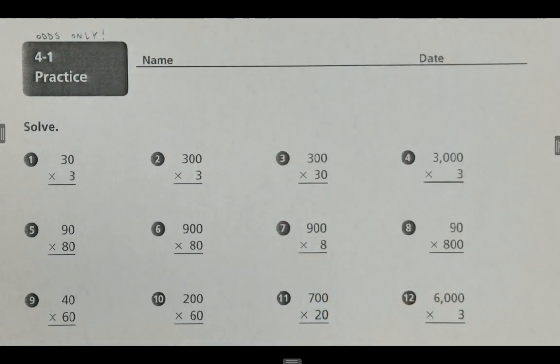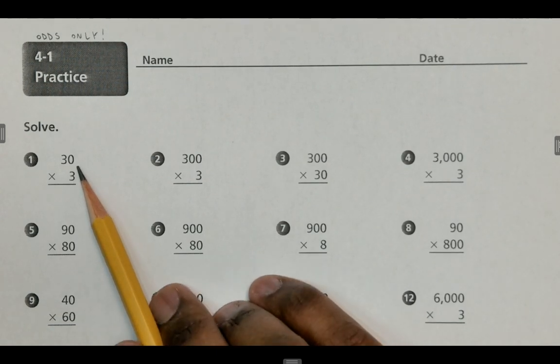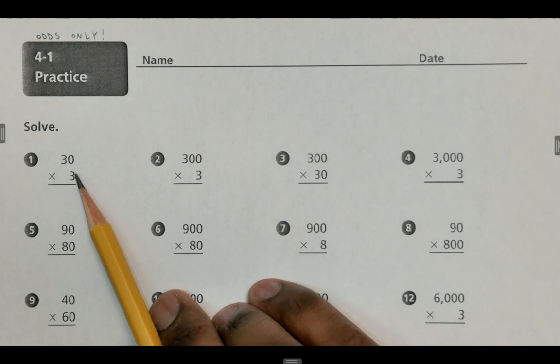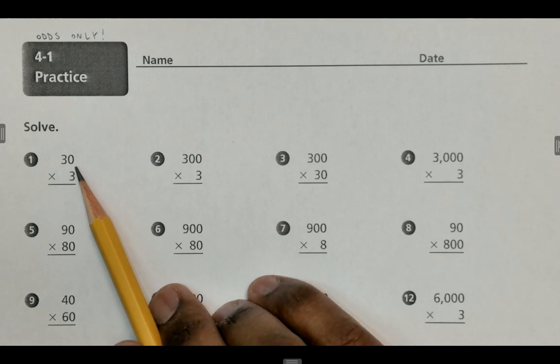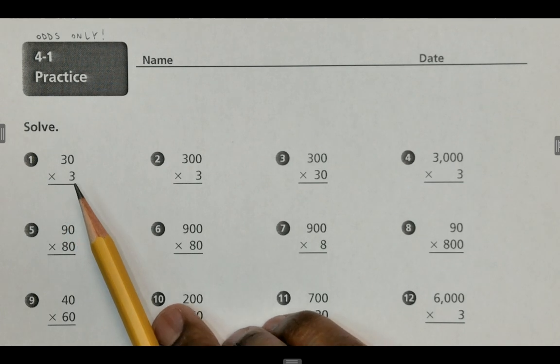Let's get started. 30 multiplied by 3. What I'm going to do is look at the two numbers that I'm multiplying together. In this case, 3 is a single-digit number, not a multiple of 10. 30 is a two-digit number and is a multiple of 10. I'm going to count up the number of zeros in my multiples of 10.